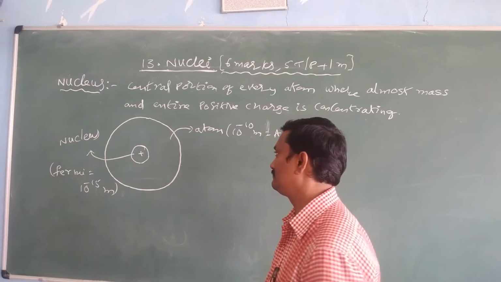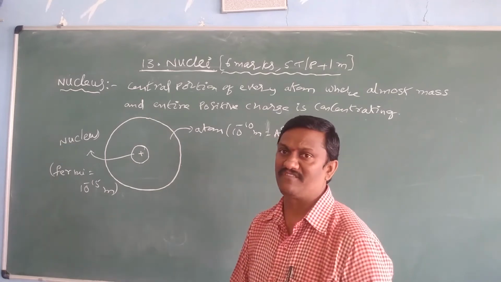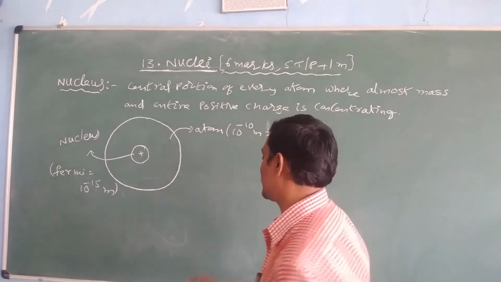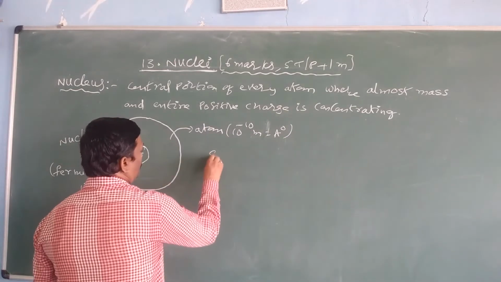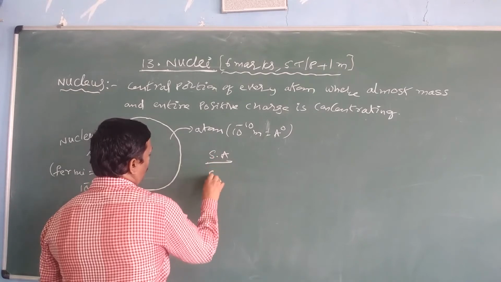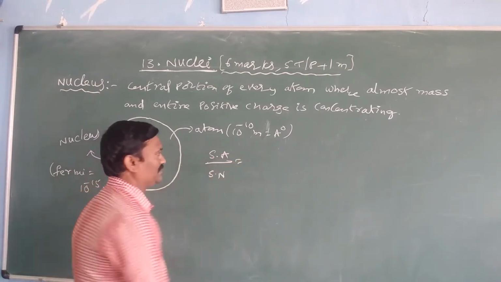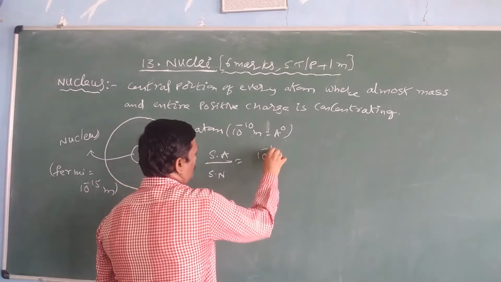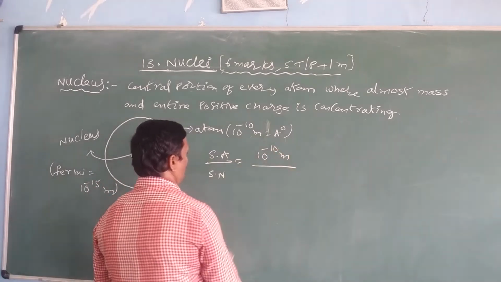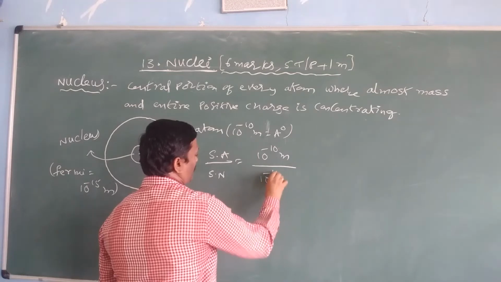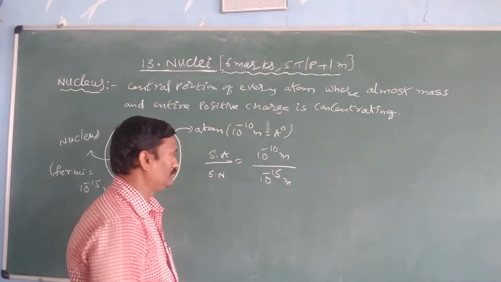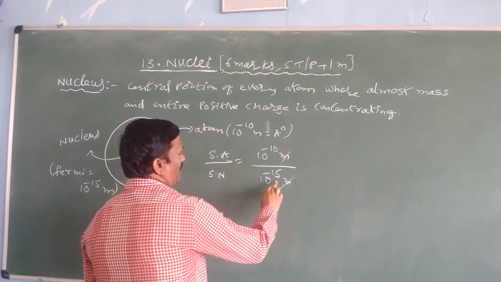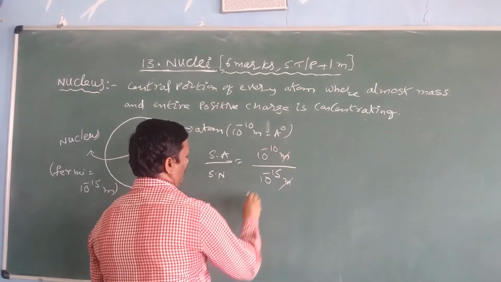Now, compared to the size of the nucleus, the size of the atom is how many times more? So check the ratio of the size of the atom to the size of the nucleus. Size of atom is 10 power minus 10 meters and size of nucleus is 10 power minus 15 meters. Simplifying, meters cancel. 10 power minus 15 in the denominator moves up as 10 power plus 15.